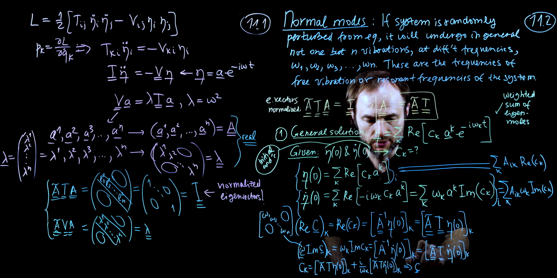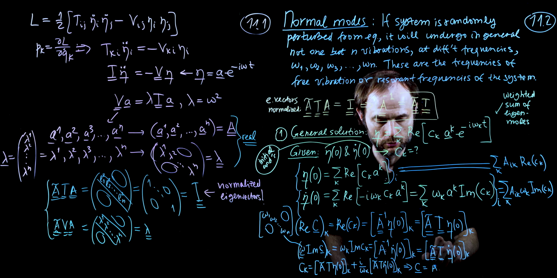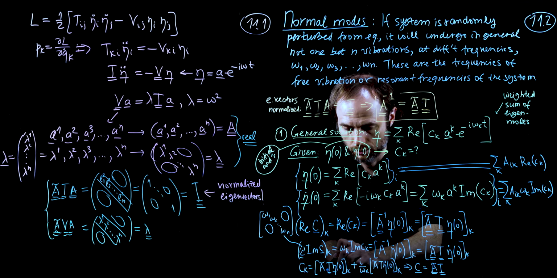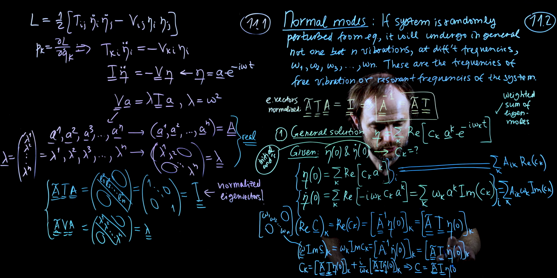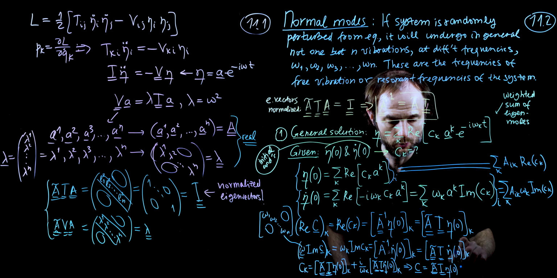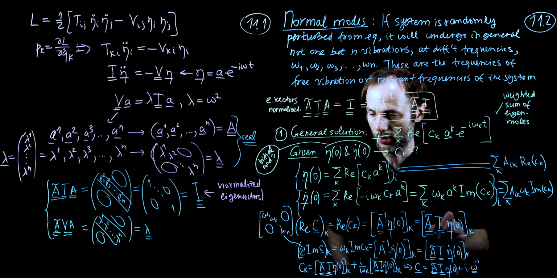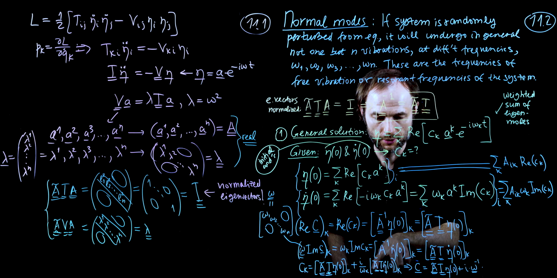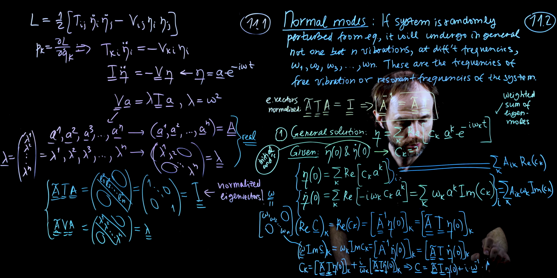And we can write that C as a vector is equal to the A tilde matrix times T times eta of 0, a vector, plus i, the imaginary number, times the inverse of the omega matrix, this one, that is omega, and times nothing but this, A tilde times T times eta dot of 0.